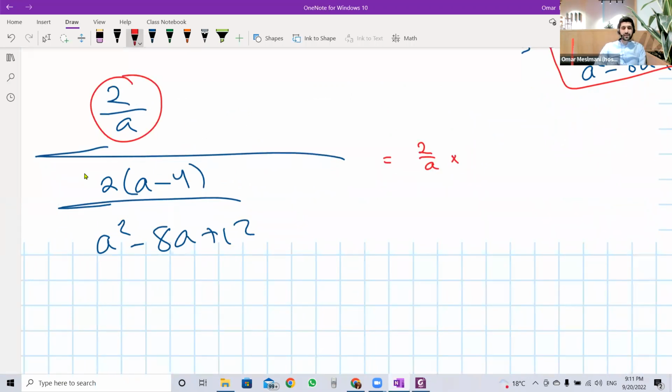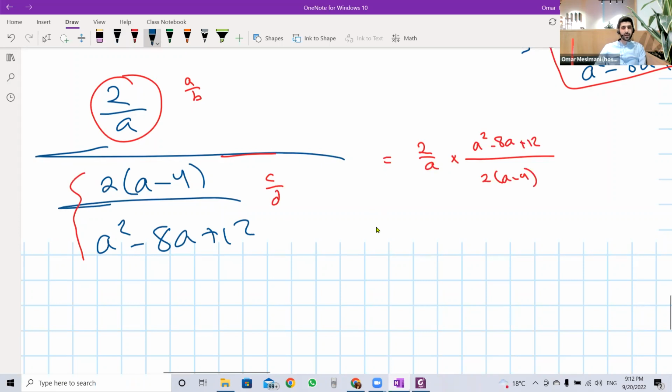That's a over b divided by c over d, multiplied by d over c. So I will multiply by a squared minus 8a plus 12 over 2a minus 4.